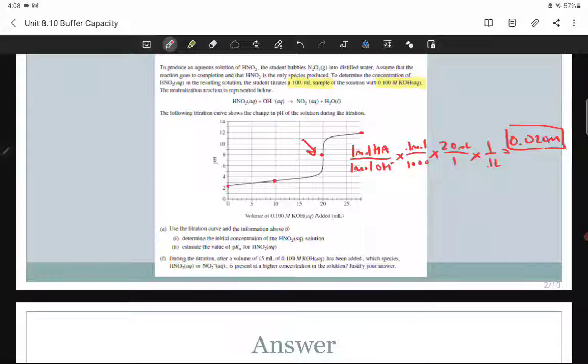Estimate the pKa. Well, it was important that I figured out the halfway point, because remember at the halfway point, pH equals pKa. And why is that? Because the A minus and the HA are in equal amounts. So divide those two things, you get 1.